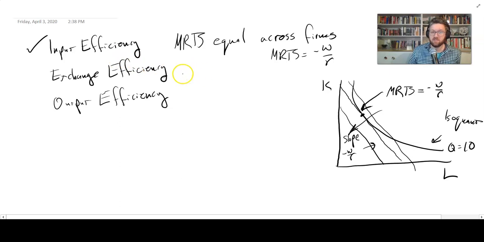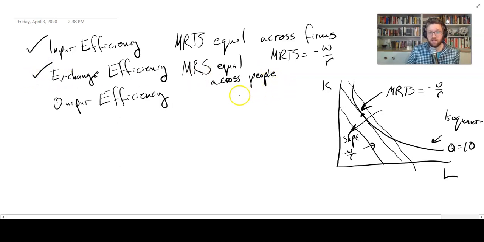What about exchange efficiency? Exchange efficiency is that the marginal rate of substitution across different people is also equal. And this also holds pretty trivially because it's set in the market by setting MRS equal to a price ratio, and everyone faces the same prices.